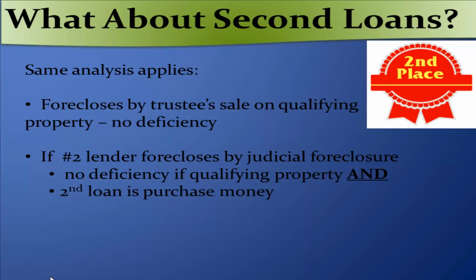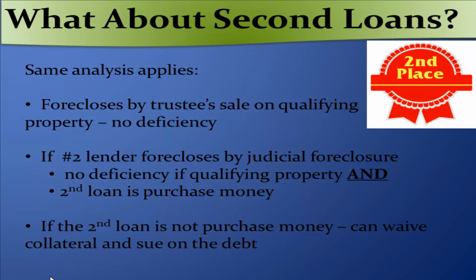If it's qualifying property and the second loan is a purchase money loan, then the anti-deficiency statute applies and the foreclosing lender cannot go after any other collateral. But if the second loan is not a purchase money loan or it's not qualifying property, then the second lender can collect a deficiency or can waive the collateral and simply file a lawsuit to collect on the debt.